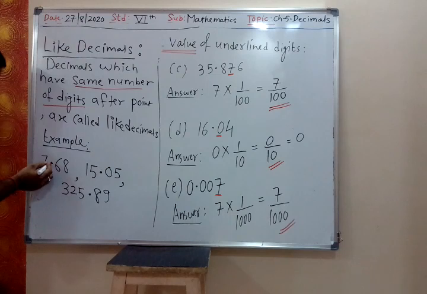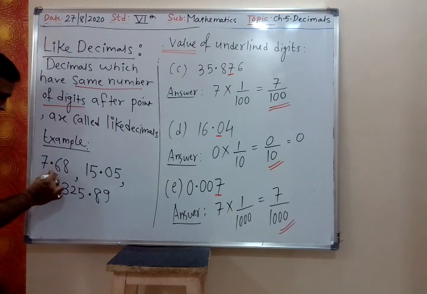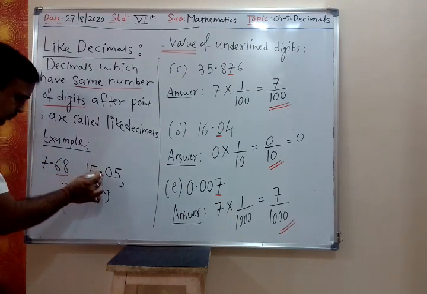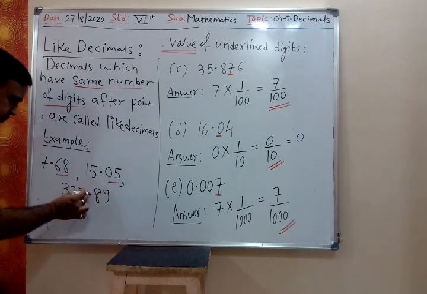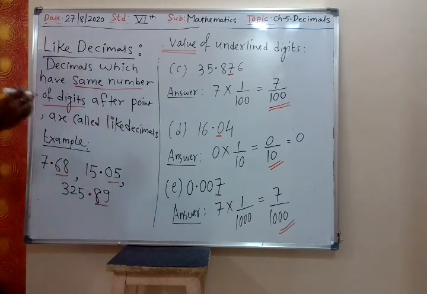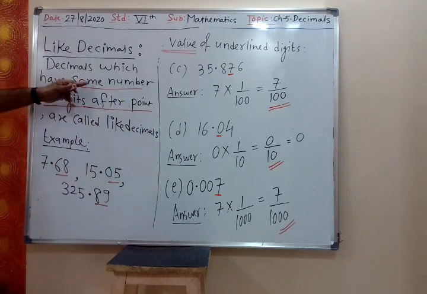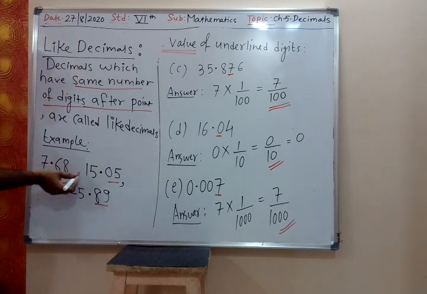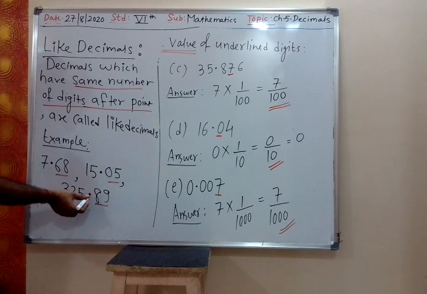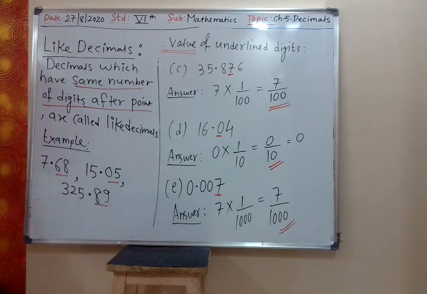Now let us see, in this after the point there are two digits. This is important: the same number of digits after the point. So they are like decimals. We are talking about after the point, not before the point. Before the point it can be any number of digits.